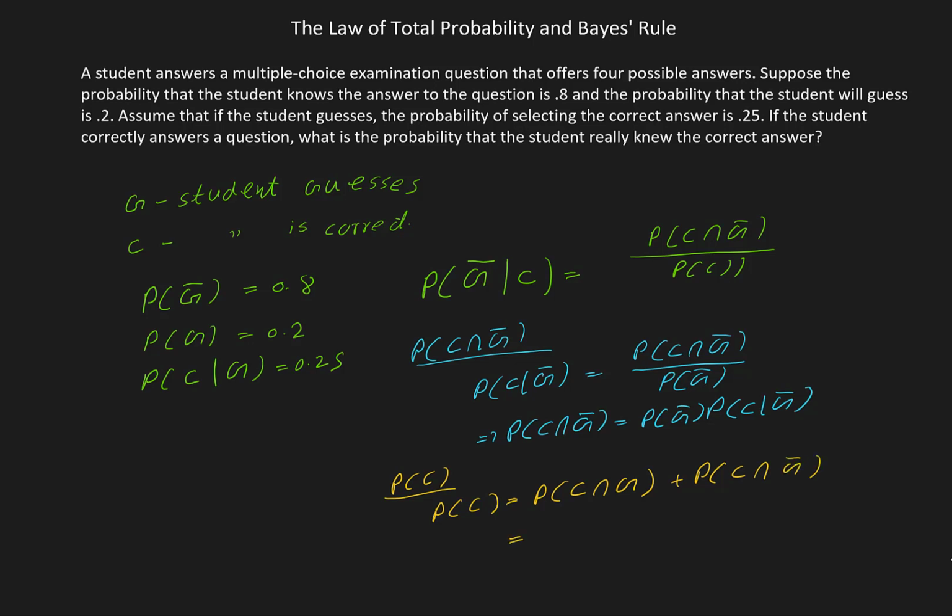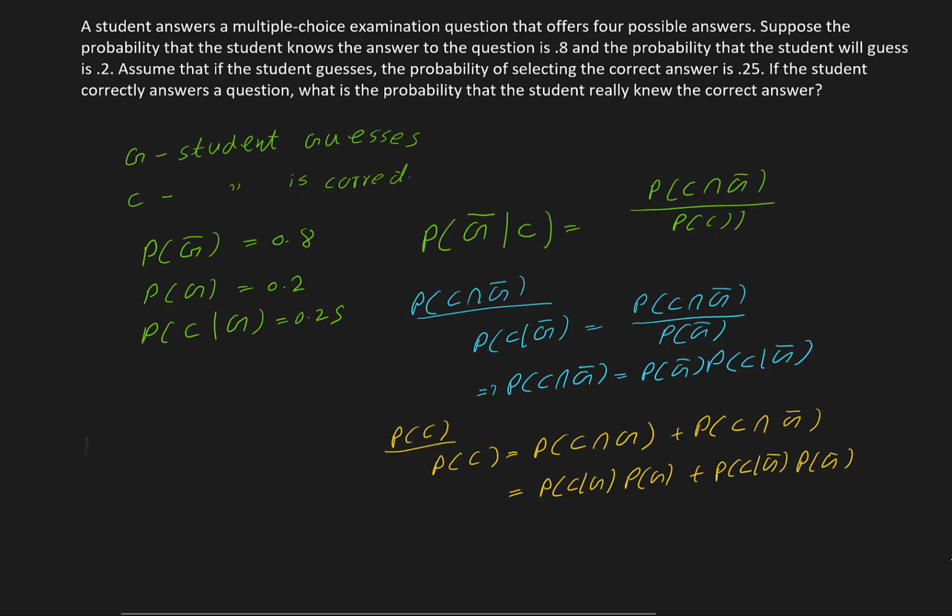Using the same conditional probability equation here, we can write the probability of C and G equals the probability of C given G times the probability of G, plus the probability of C given G complement times the probability of G complement.